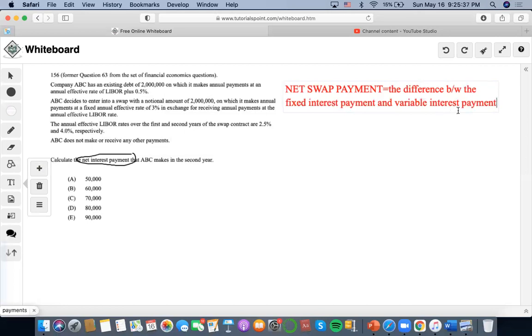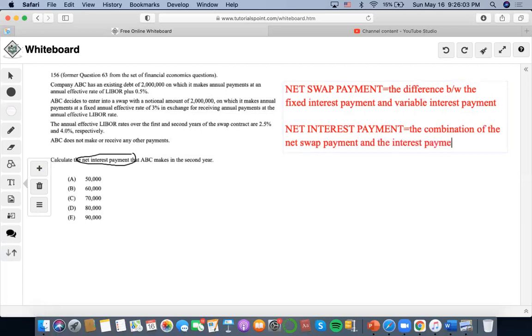Okay, and now another thing is that we want to know what a net interest payment is, which is the combination of the net swap payment and the interest payment made by the borrower to the lender.